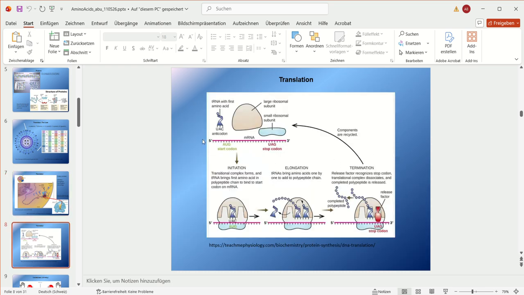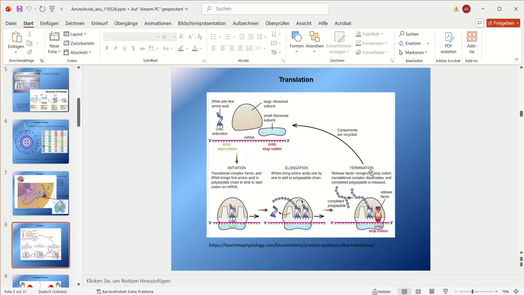So here I'm showing you the thing I tried to explain. The ribosome is looking for the beginning. This is called the 5' end, and then it runs from the 5' to the 3' end and connects these messenger RNAs, and then they bond together in the exact same order as marked here on the RNA.